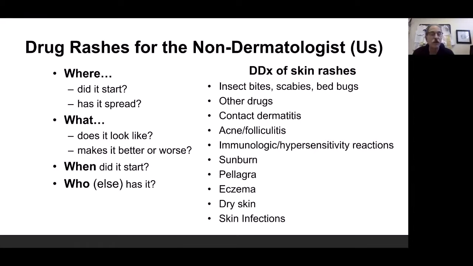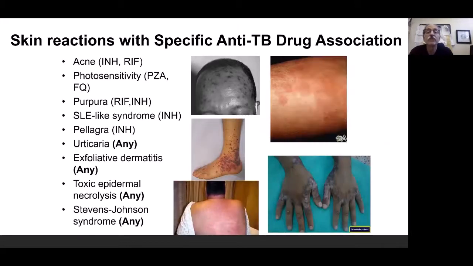Now, there are specific skin reactions that are associated with different drugs. Acneiform reactions, which we see not uncommonly, mostly reported with isoniazid, but also with rifampin. We know that some of our medications cause photosensitivity, pyrazinamide, and also fluoroquinolones, and patients have to be warned about that, especially when it's not raining and it's warm outside.